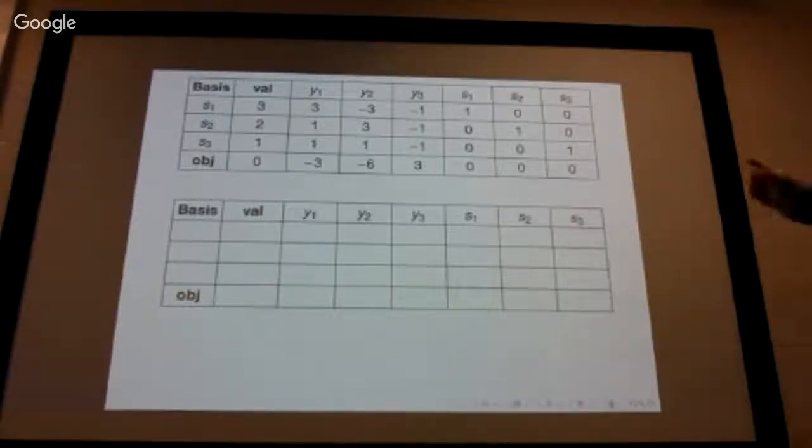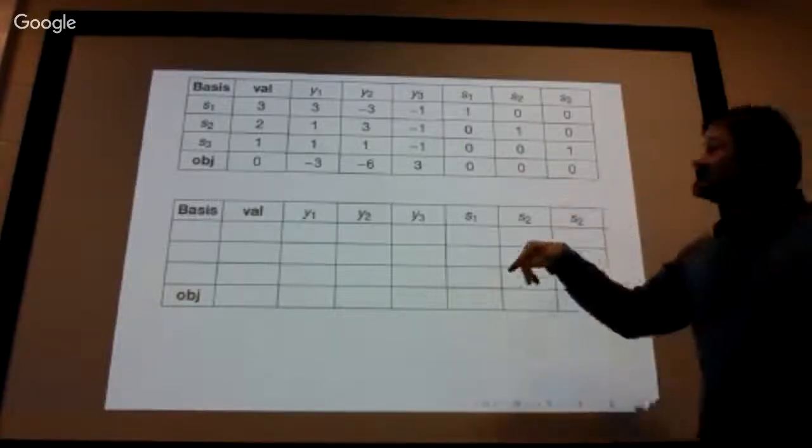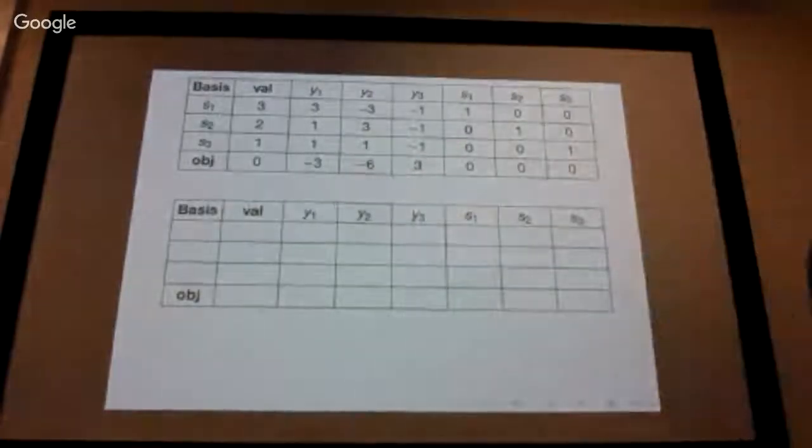We're maximizing here, so use the most negative in the objective row. That's the -6. So that's the same -6 that was determining the pivot row before, and is now determining the pivot column.